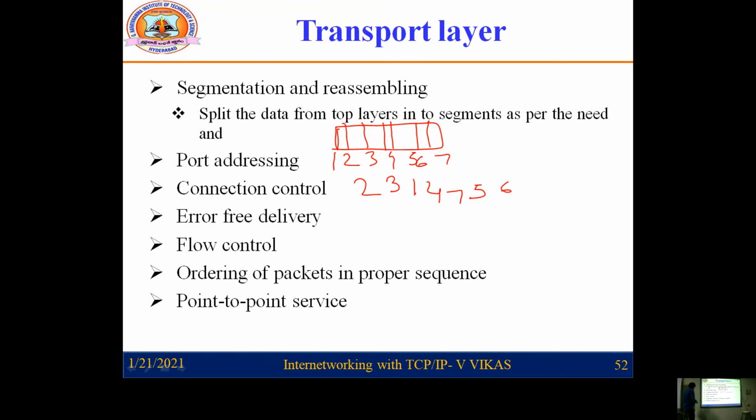Then port addressing. Any idea what port addressing is? You heard about IP addresses, and you heard about MAC addresses yesterday. At TCP, we are going to have port addresses.